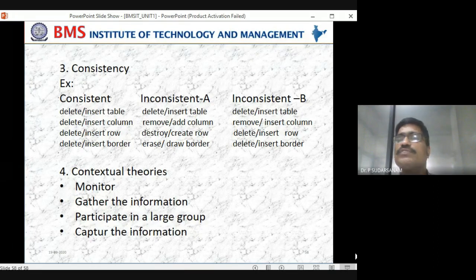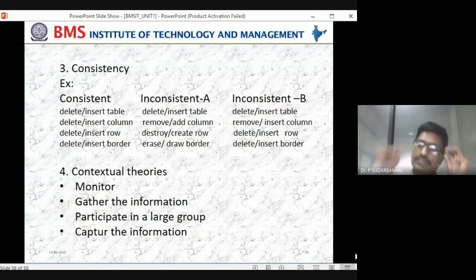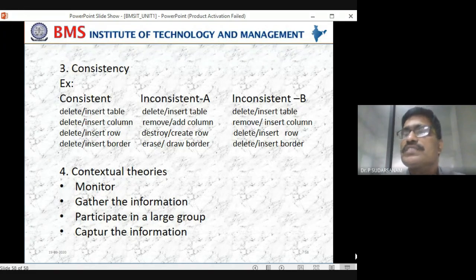That is the meaning of consistency. These examples are given in the textbook also. Whatever you use in programming in the user interface, you have to use the same words for processing when you develop the code.